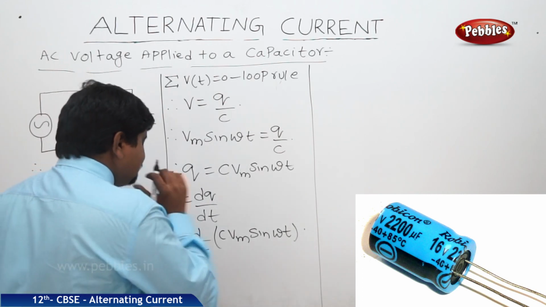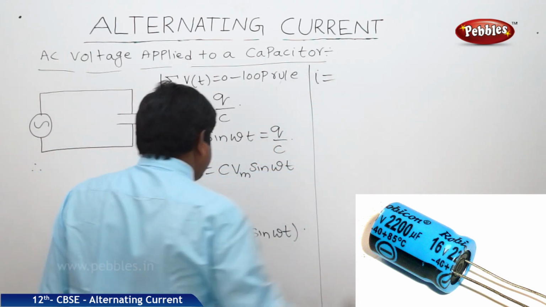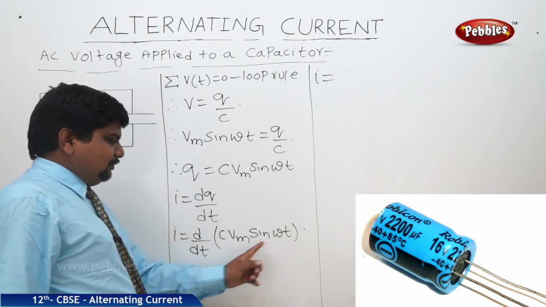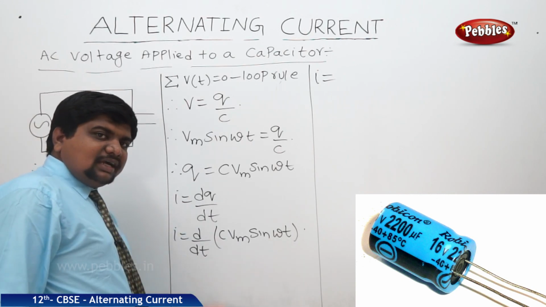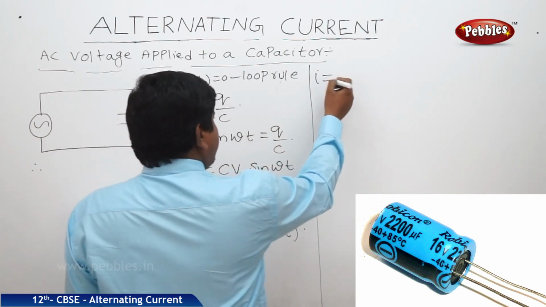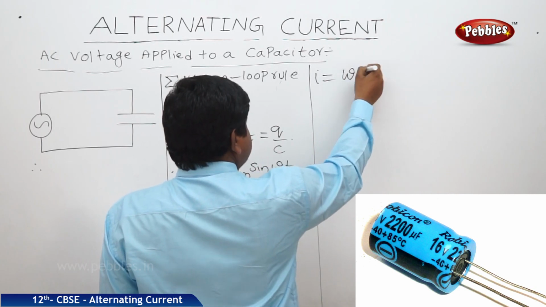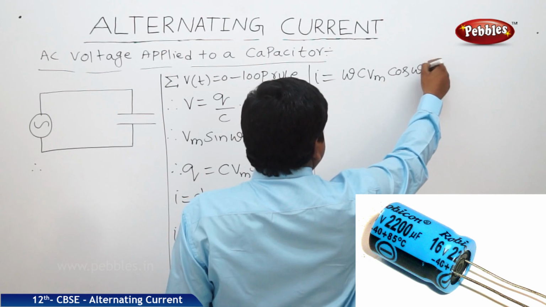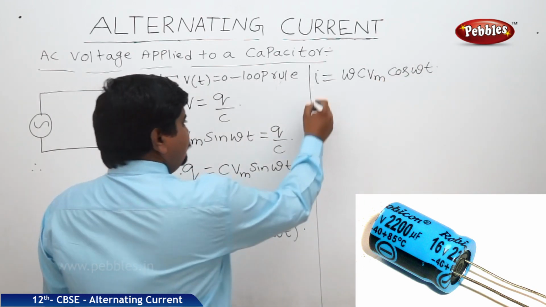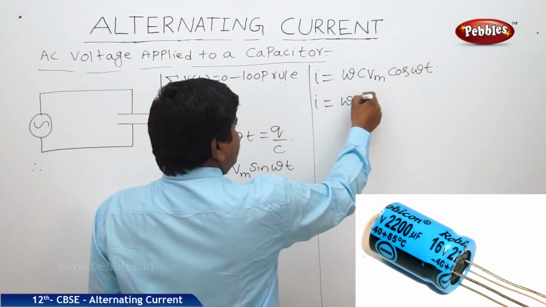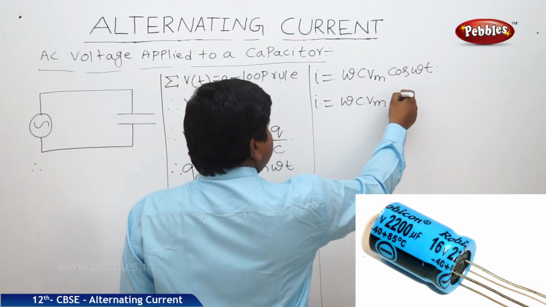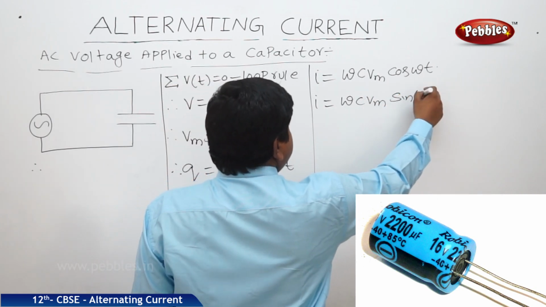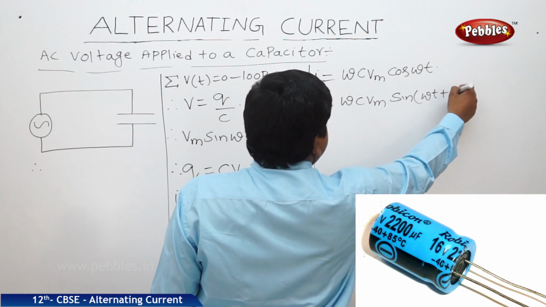I is equal to d by dt of C Vm sin omega t. What is the derivative of sin omega t? Omega cos omega t. Therefore, omega C Vm cos omega t. We can write I is equal to omega C Vm cos omega t, which is sin omega t plus pi by 2.